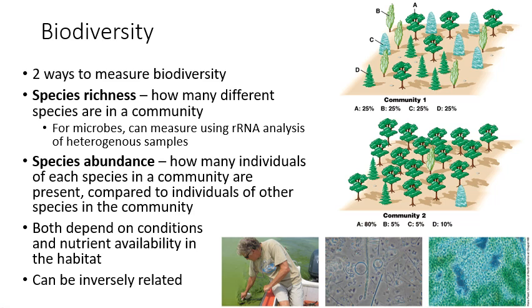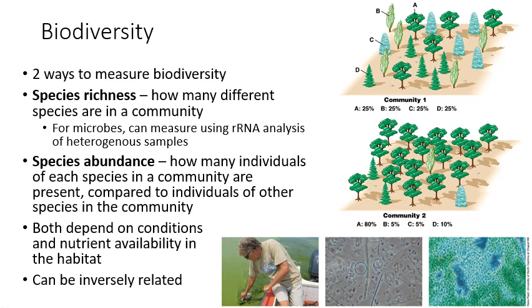For microbes, it's hard to measure these things a lot of the time. For species richness, we can try to measure that using our RNA. If we just take a sample from the environment and sequence the rRNA in that sample, we can get an idea of how many different species are there. And actually, if we're really careful when we do that, we can also get some idea about the species abundance as well.